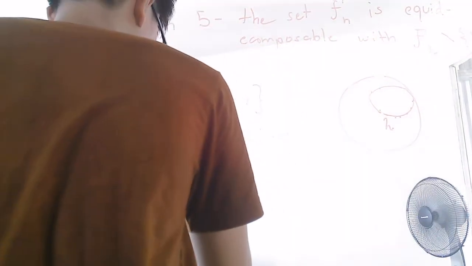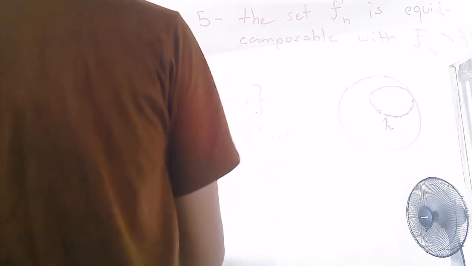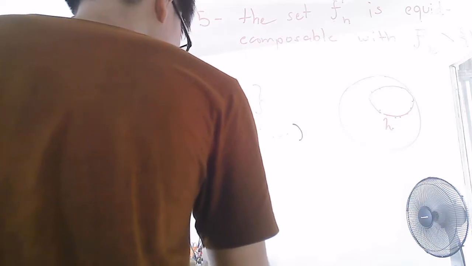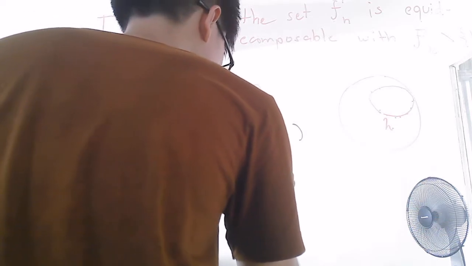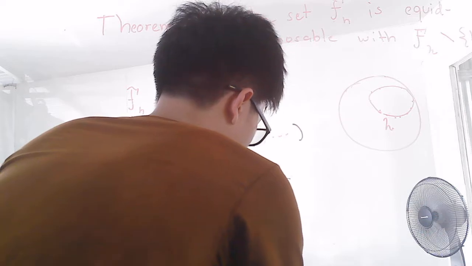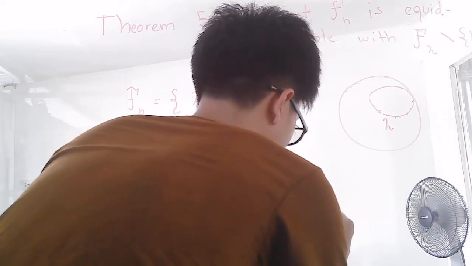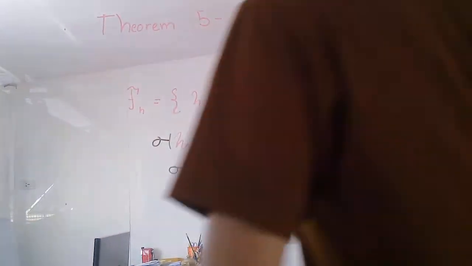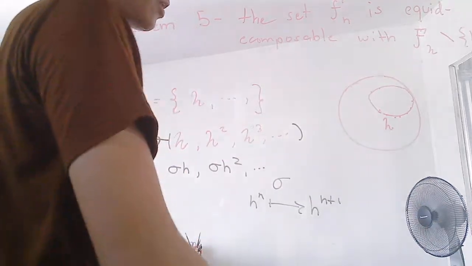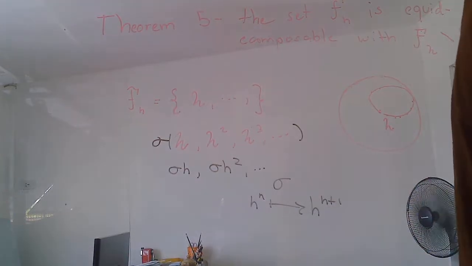If we apply sigma to this entire thing, sigma sends H^n to H^(n+1). Once we apply this rotation, we make the center go to this point, and that goes to the next one, and so on, traveling around the circle. It's essentially as if we removed H. H is not there anymore.